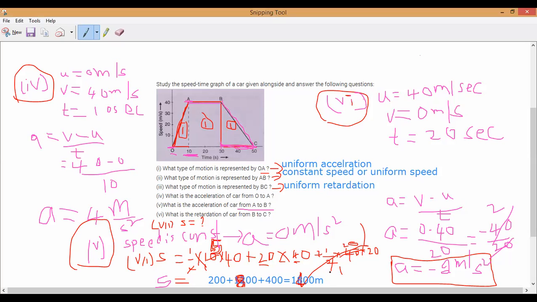You can check it. Okay, Pradosh. Tamil Selvan, total distance S equals how much did you get? Yes, sir. Correct, sir. 1400 meters. 1400 meters is the total distance traveled by a body.